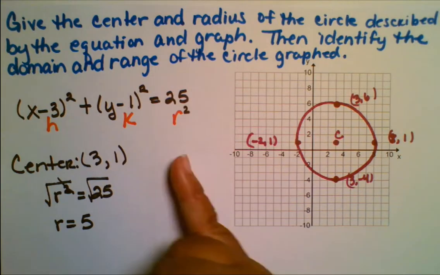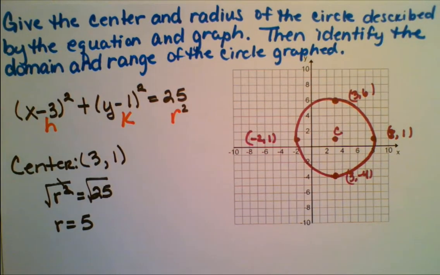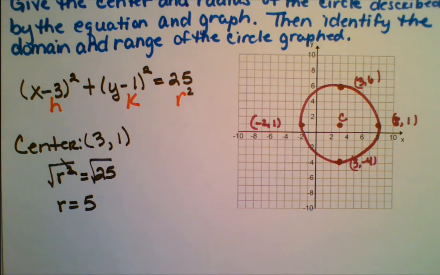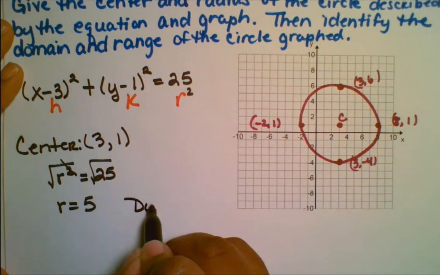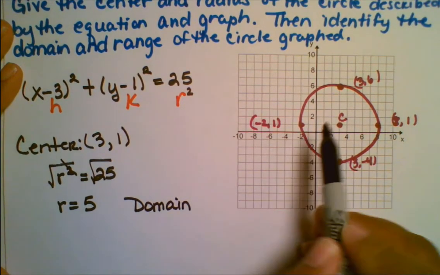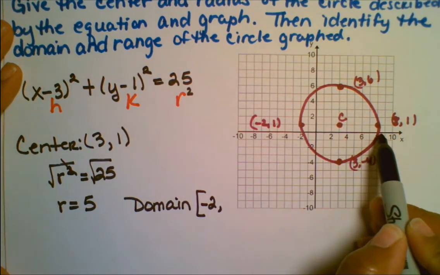Because the domain and range we're going to write in interval notation. Okay, so help me out here. Our domain, where do we start as we move along the x-axis? We're starting at -2 and it ends at 8.